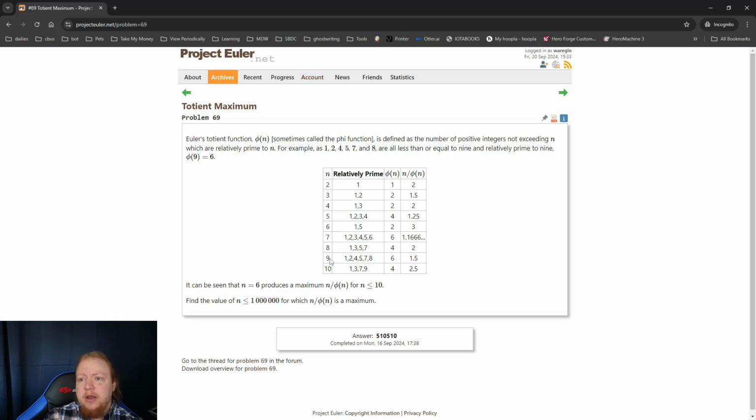Because for 9, 9 is 3 times 3. 9 minus 3 minus 3 is 3. Ooh, but then we'd have to add back 3. So then maybe that does not quite work.